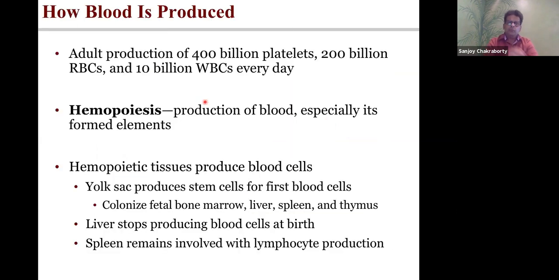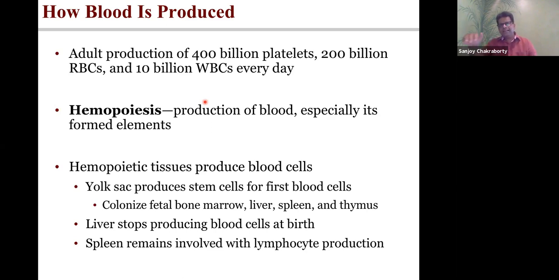Before we go into the individual cells, red blood cell, white blood cell, platelets, and what they do, let's talk a little bit about how blood is produced. Every single day, the body produces 400 billion platelets, 200 billion RBC, and 10 billion WBC, because the rest is being recycled.